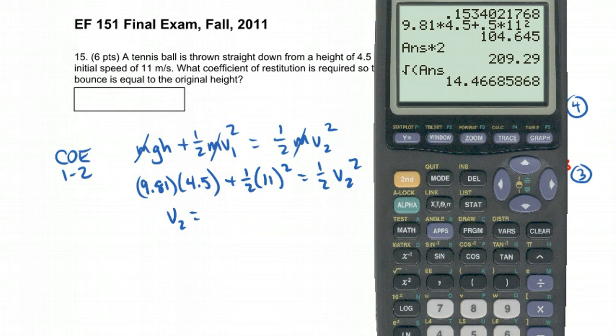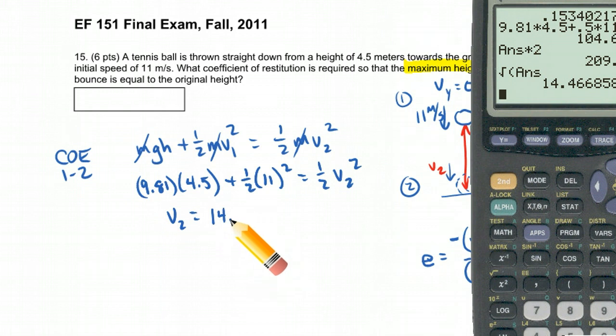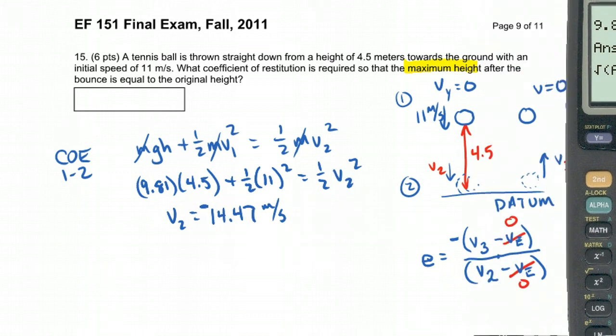So v2 is 14.47 downward. So I'm going to write that as a negative just because I know it's downward.